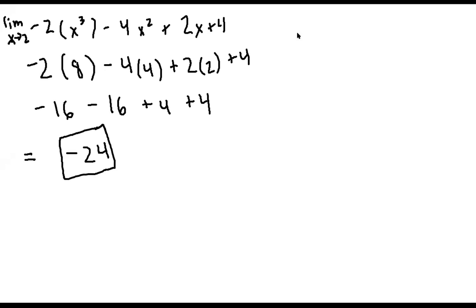I'll go back to my whiteboard. The limit as x approaches 0 from the right of 1 over x. So 1 over 0, undefined. But that doesn't mean that the limit is necessarily undefined.